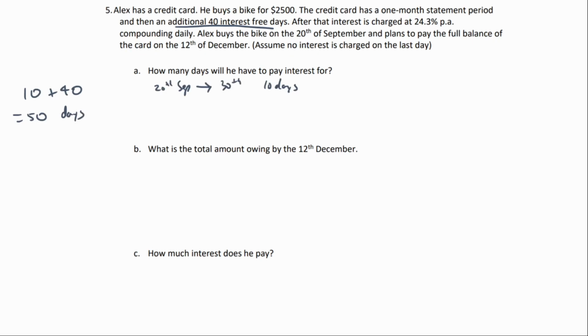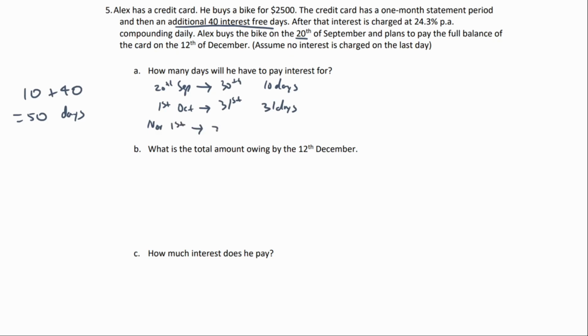So next thing I'm going to do is find out the total number of days of his loan. So September has a total of 30 days. So from 20th September, which is when he makes the purchase, to 30th is going to be 10 days. Next we move on to October. October has a total of 31 days. And next is November.